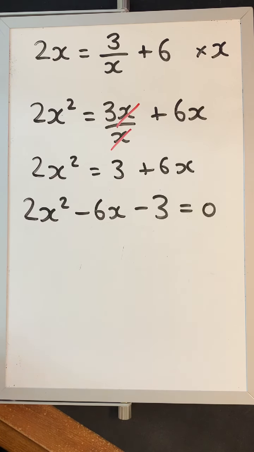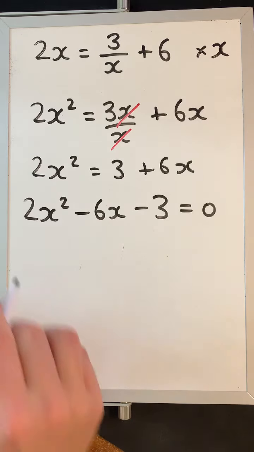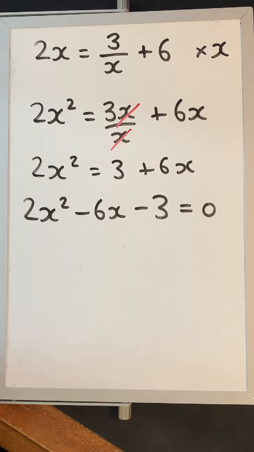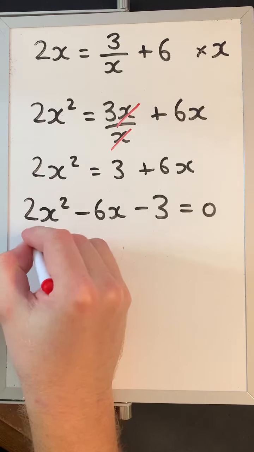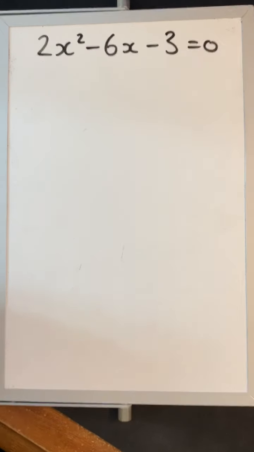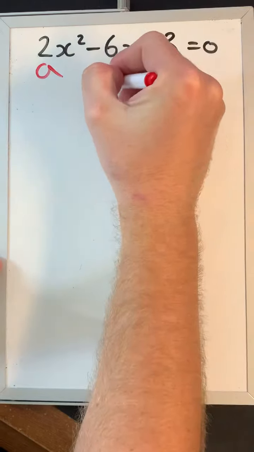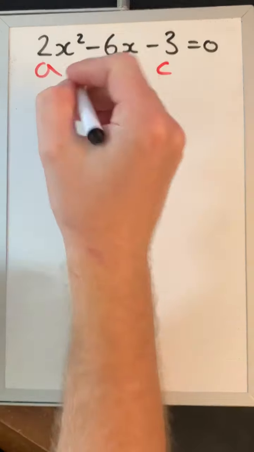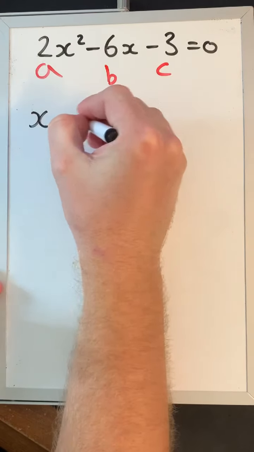Okay, now we need to solve this quadratic. So we'll use the formula for it. a is 2, b is minus 6, and c is minus 3. Let's put it into the formula then. So x is equal to minus b.